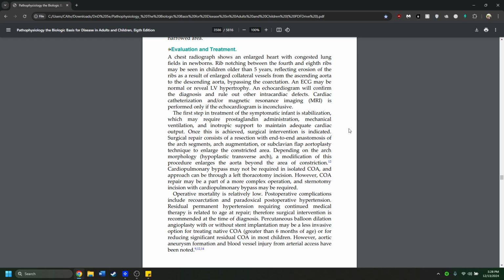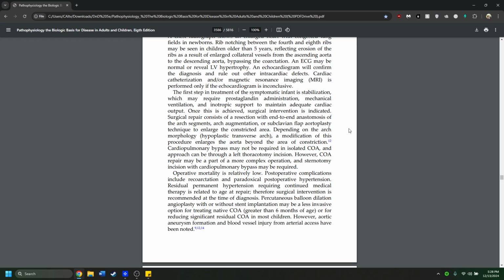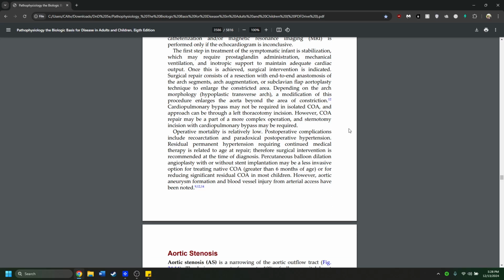Cardiopulmonary bypass may not be required in isolated COA, and the approach can be through a left thoracotomy incision. However, COA repair may be part of a more complex operation, and a sternotomy incision with cardiopulmonary bypass may be required.